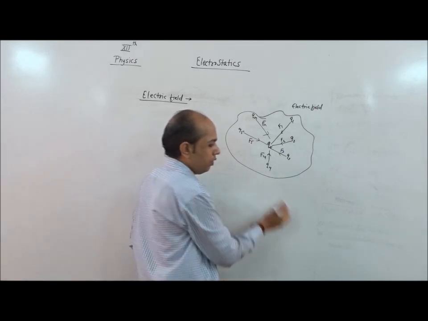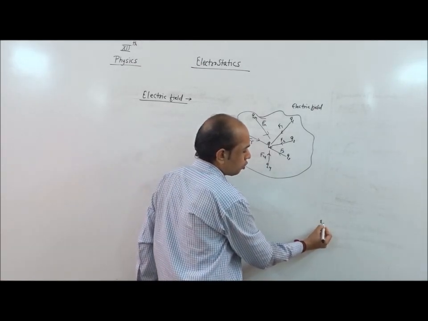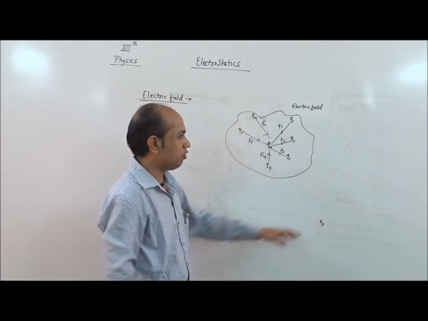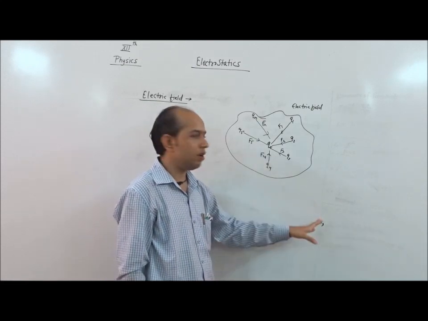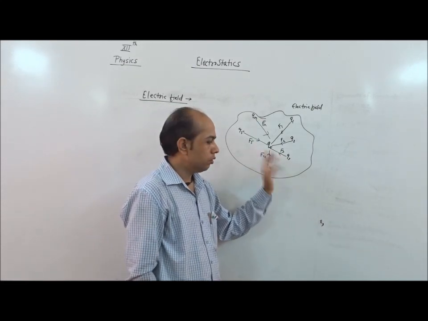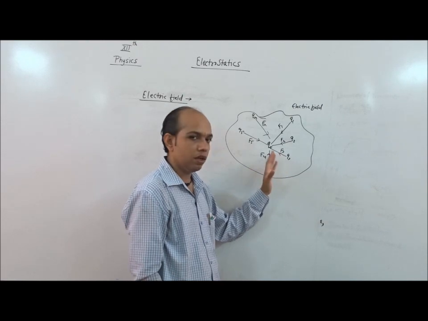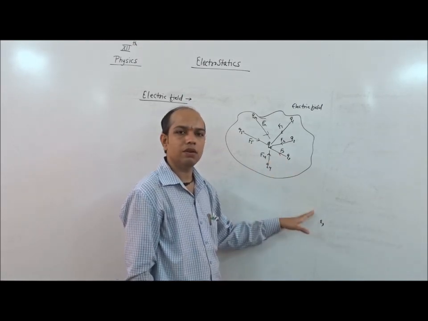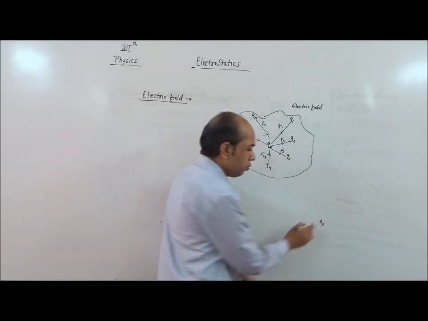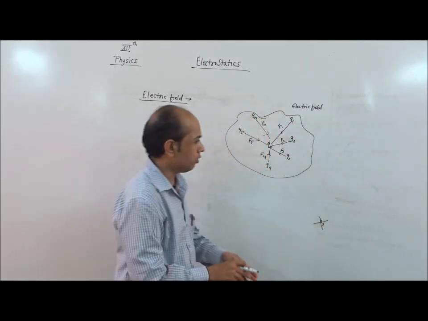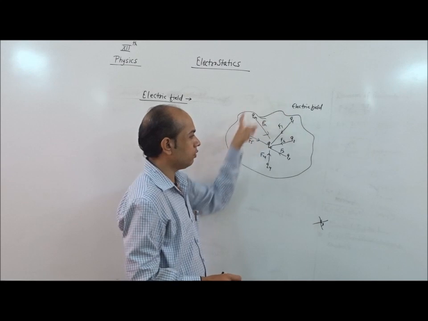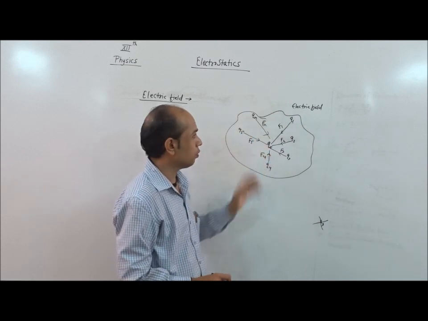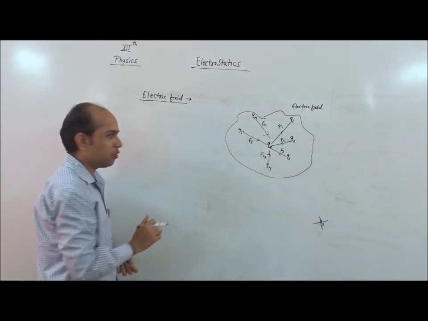Suppose we draw one more charge, Q9, and this charge is too far away from Q0. So this charge is out of this space and is not to be considered, because it is not within the limit of this field.